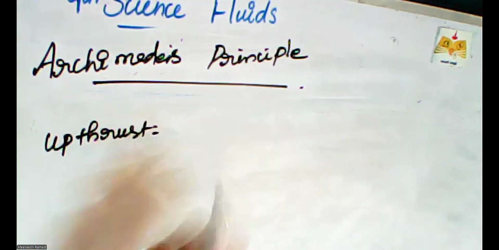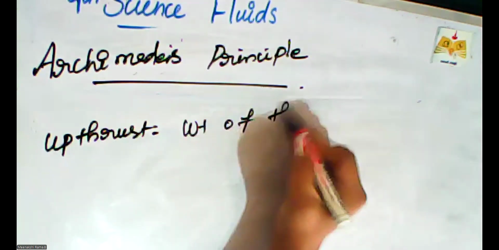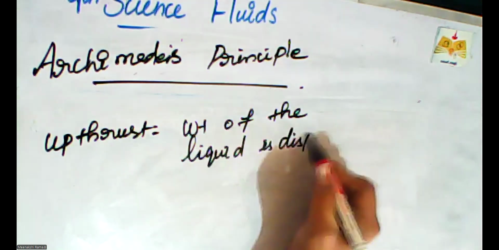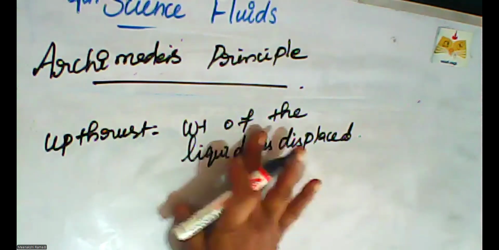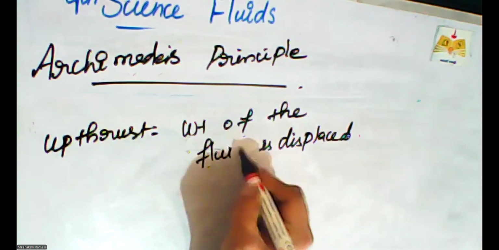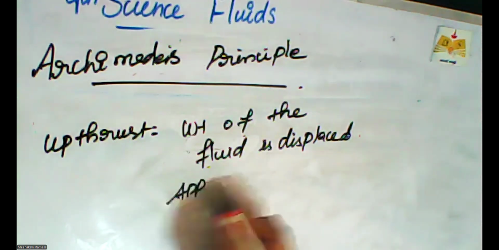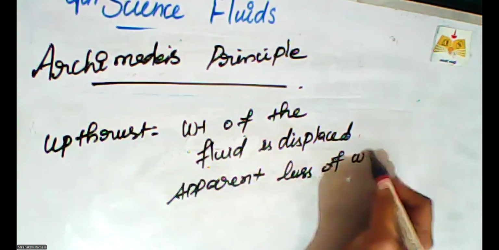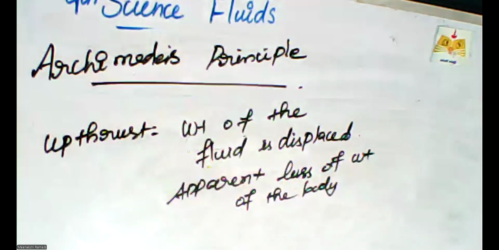The upthrust equals the weight of the liquid displaced, which is the apparent loss of weight of the body. This concept is Archimedes principle.